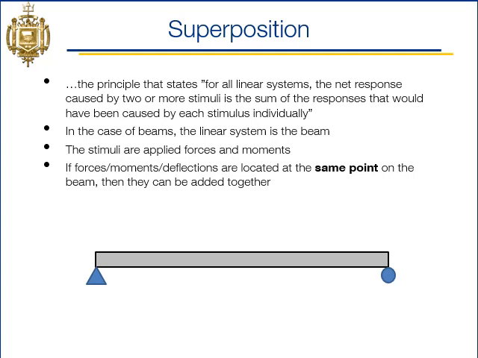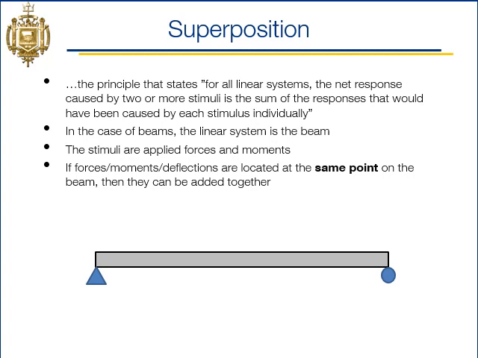All right, big picture here though. In the case of beams, the linear system that we're talking about in our definition is the beam, right? A beam is a linear system. We have an object that takes up a length along the x-axis, so we have this linear system. We'll call that the beam. Our stimuli that we're talking about in this definition are our applied forces and moments, right?